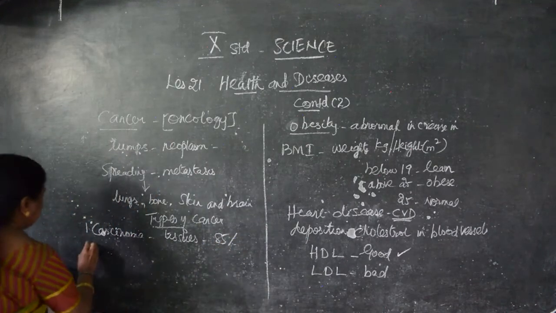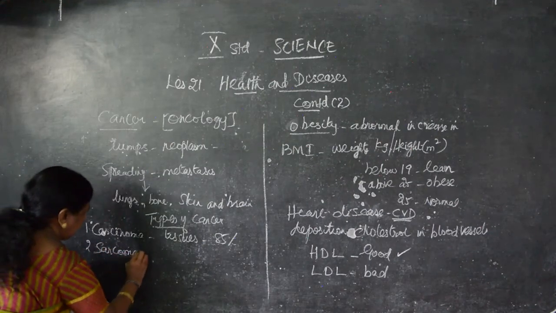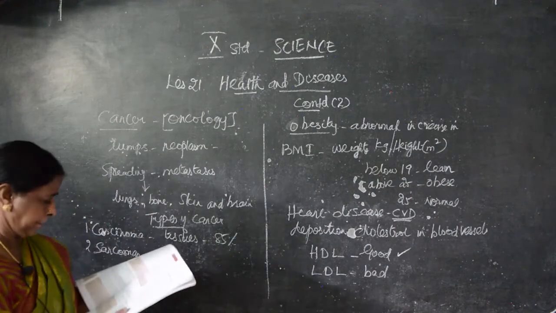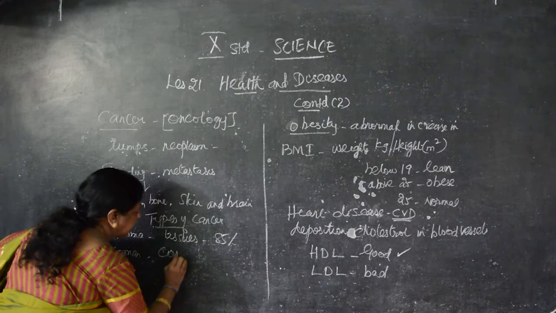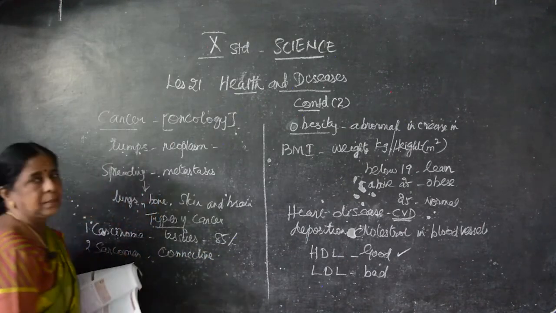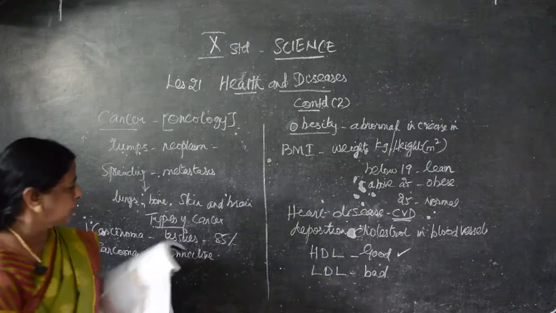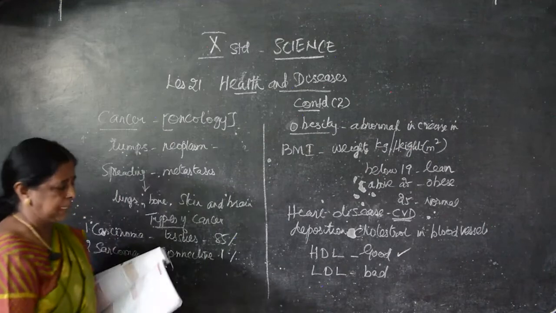Next one, sarcomas. This is cancer in connective cells, that is bones and other parts wherever they are connected. It is only 1%. Only 1% of people have this kind of cancer.